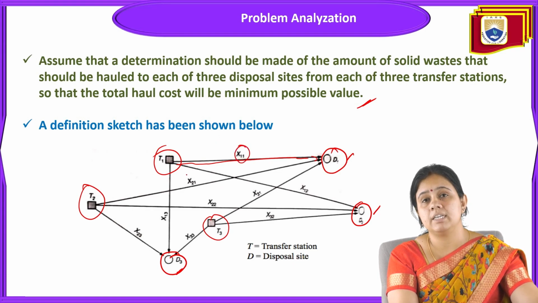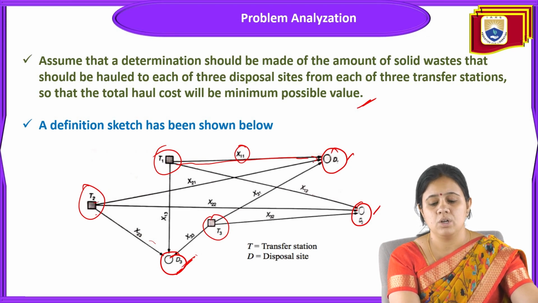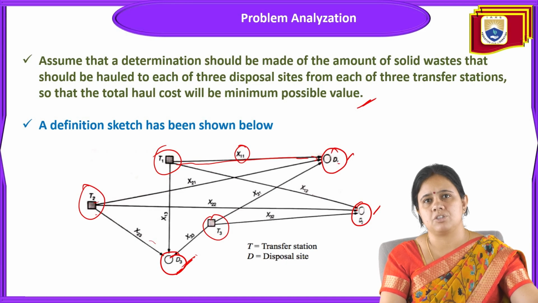From T1 to D2, this is X12. From T1 to the D3 location, this is X13. Like this, from T2 to D3, T2 to D2, and T2 to D1. So these are the routes for transferring waste from the transfer stations to the disposal sites.